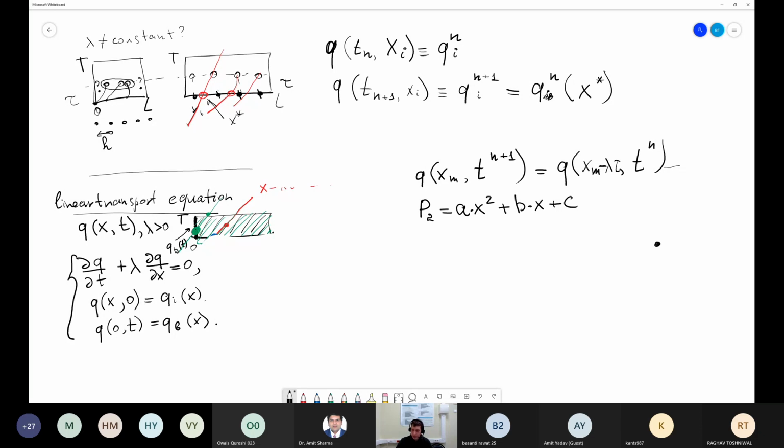We have here the point x_m, the point x_{m-1}, and the point x_{m+1}. Okay. We know the values of the solution at these three points. Let's draw some graph, and we know this point, and this point.